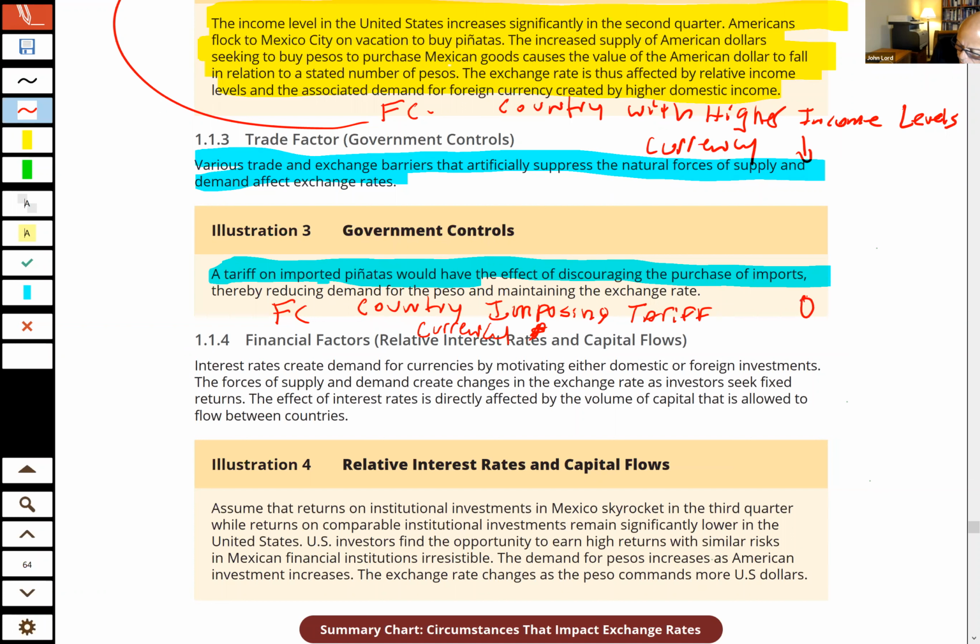The other country whose goods the tariff is being imposed on, Mexico in this case, their currency is going to go down. People don't want their stuff. There's not going to be as much demand for their currency because there's a tariff on it.